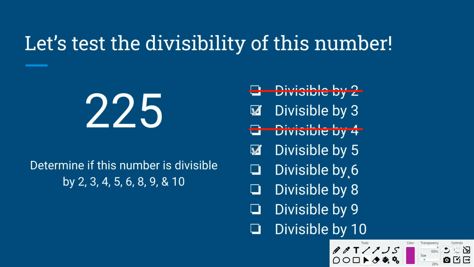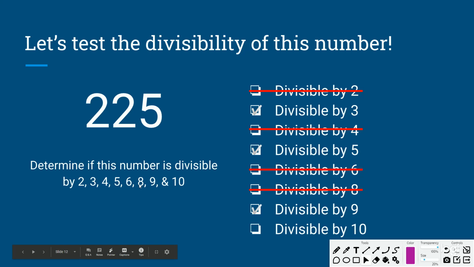For 6, does this meet the criteria for both 2 and 3? Well, when I look up at the top, it only meets the criteria for 3, so it doesn't meet the criteria for 6, because it doesn't meet it for 2. For 8, the last 3 digits, 225, is that divisible by 8? No, it is not. Is this number divisible by 9? When I added these all up, I got 9, and 9 is divisible by 9.